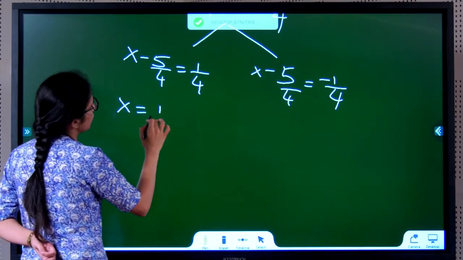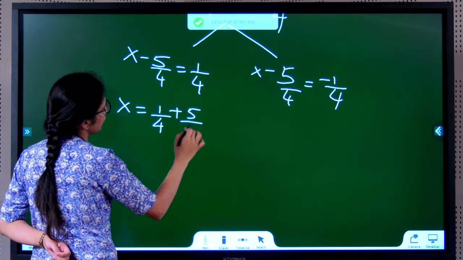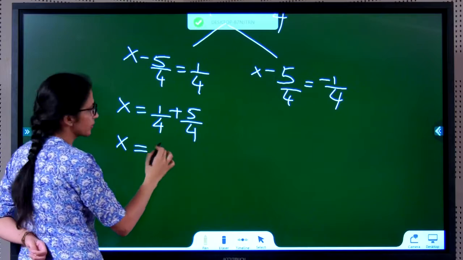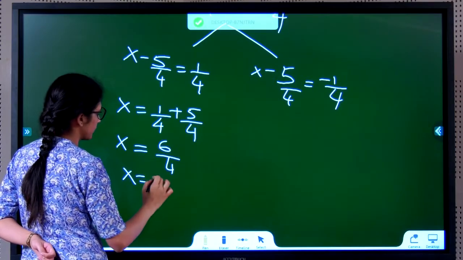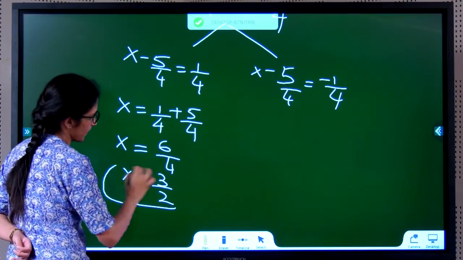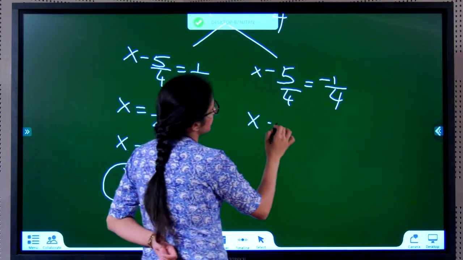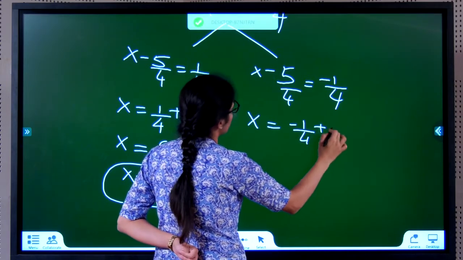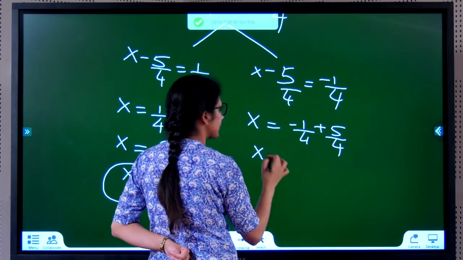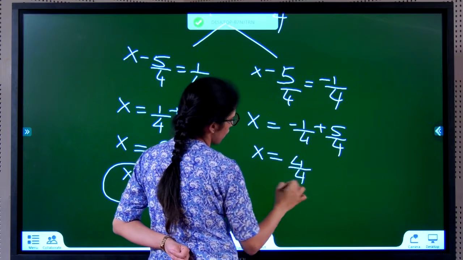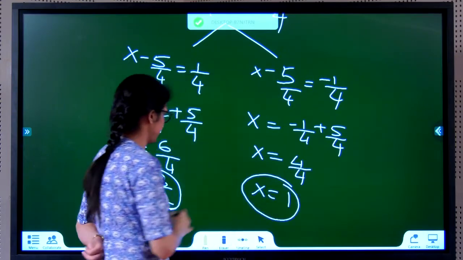X is equal to 1 by 4 plus 5 by 4. X is equal to 6 by 4. X is equal to 3 by 2. X is equal to minus 1 by 4 plus 5 by 4. X is equal to 4 by 4. X is equal to 1.